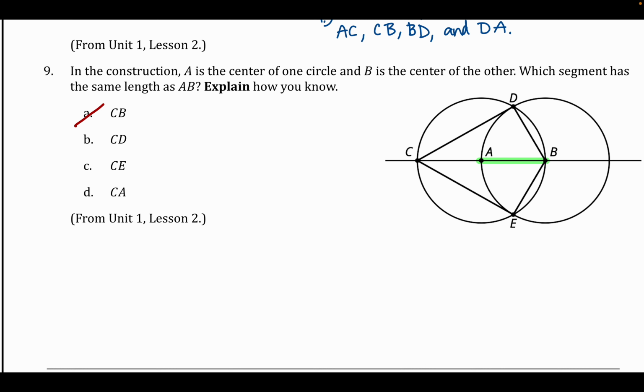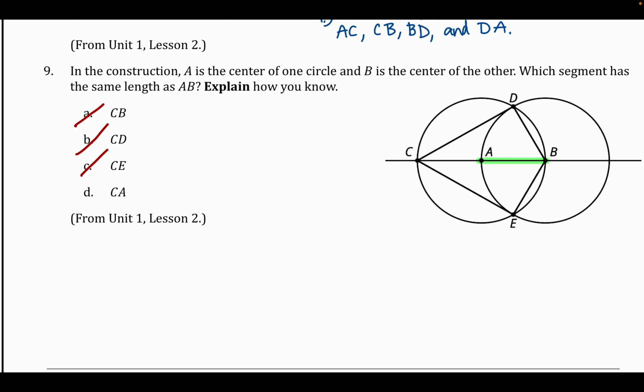What about from C to D? This is also definitely not a radius of one of those circles. It goes from an outer edge to an outer edge. CE is also a segment that goes from an outer edge to an outer edge and is not a radius. So it is not C.